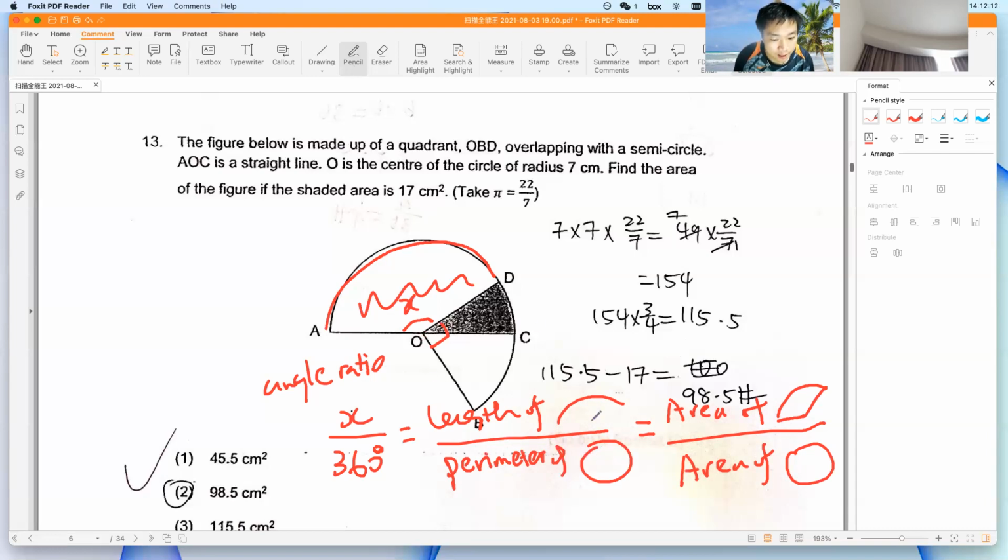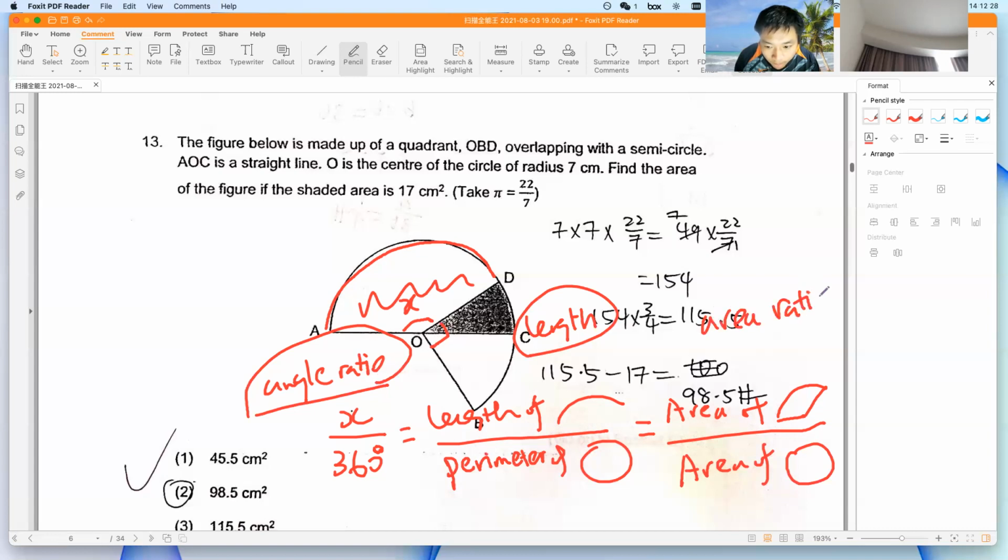So basically the concept here is the angle ratio is equal to the length ratio, which is also equal to the area ratio. Okay, can? So please remember this concept.